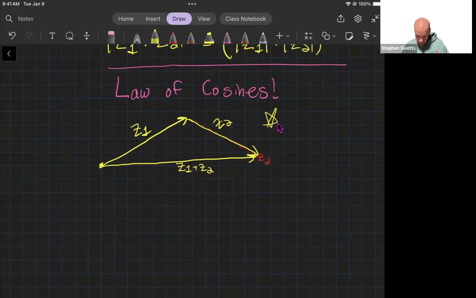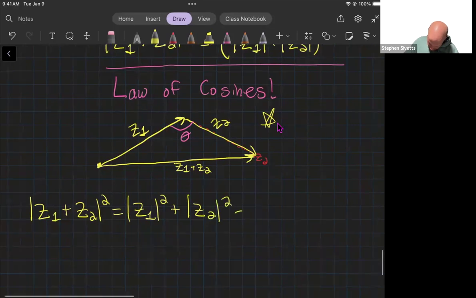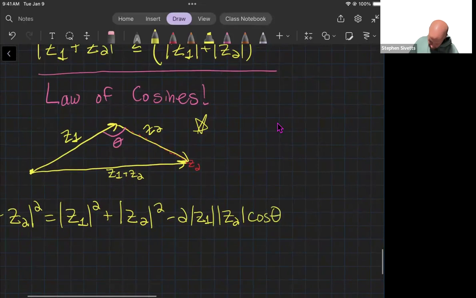Okay, so the law of cosines is the following. If I have the angle in between Z1 and Z2 as theta, right? So the law of cosines is this: the length of Z1 plus Z2 squared is equal to the length of Z1 squared plus the length of Z2 squared minus 2 times the length of Z1 times the length of Z2 times cosine of theta, right?